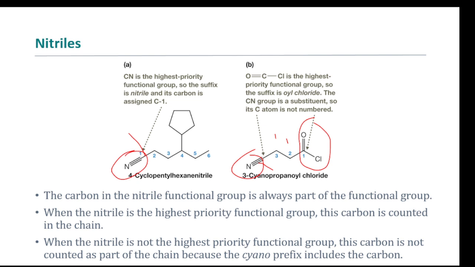The reason they wanted this, by the way, there is a reason for this. This carbon right here, because it's in that triple bond with an electronegative atom like that, it has some interesting chemistry that happens there. Okay? So treating it as its own group actually makes some sense. But they did a weird thing in that they did it one way when you start with it, and one way when you finish with it.